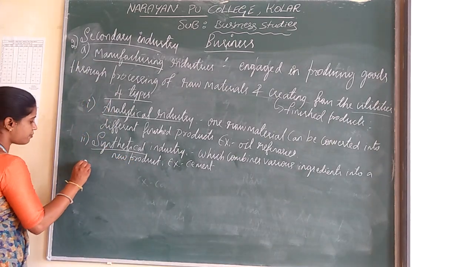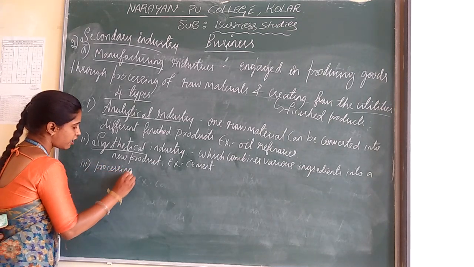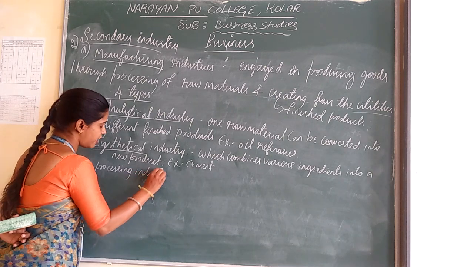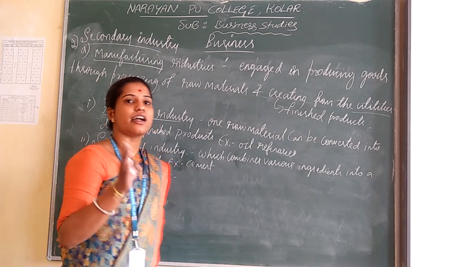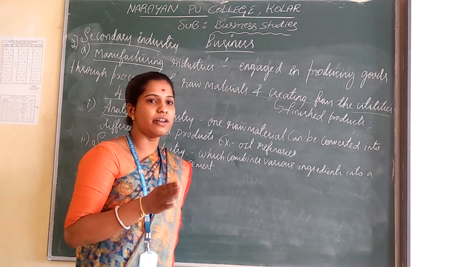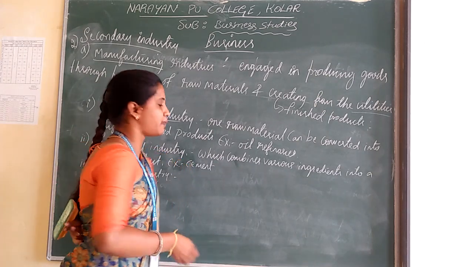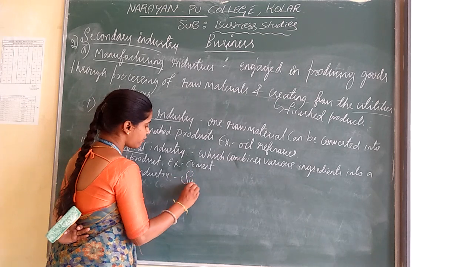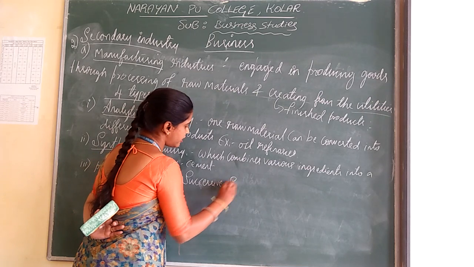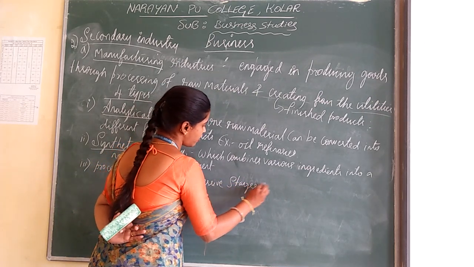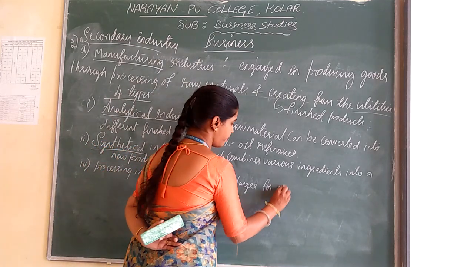Next one is processing industry. The processing industries are those industries which involve successive stages for manufacturing finished products.